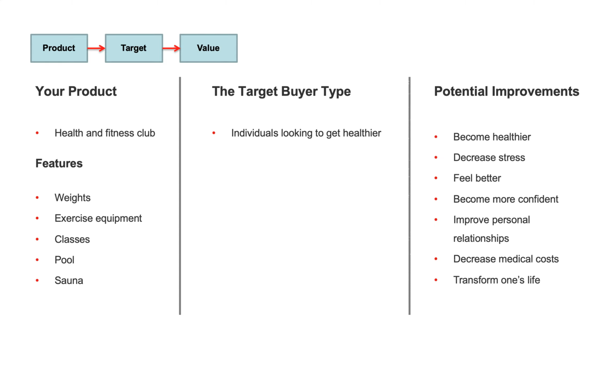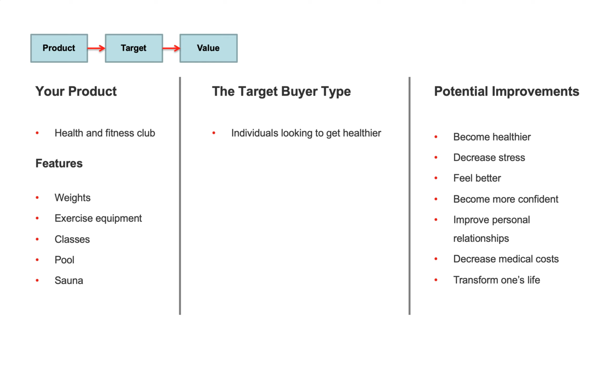And the next step is to think about when that particular buyer consumes or uses the product that we're creating a sales message for, what are some potential improvements that they can see? Now, this is a little different than just thinking about the product and just saying what are some benefits. We're keeping in mind the particular buyer for this message.